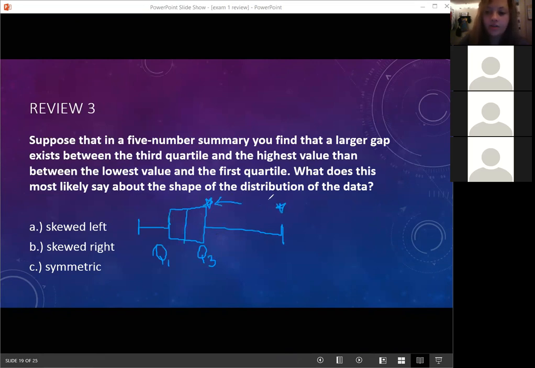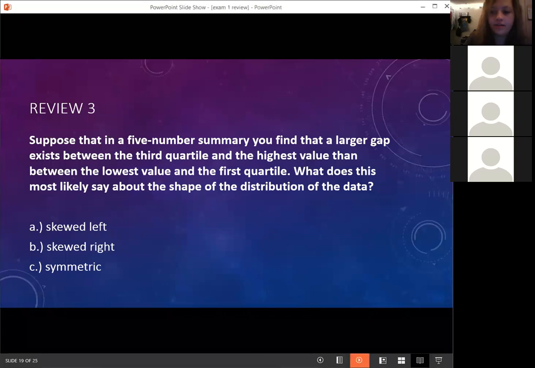So here is our larger gap. We have it more spread out on the right side, and this would also represent a distribution looking like this. As you can see, our data is more spread out here, so it would be skewed right. Good job.